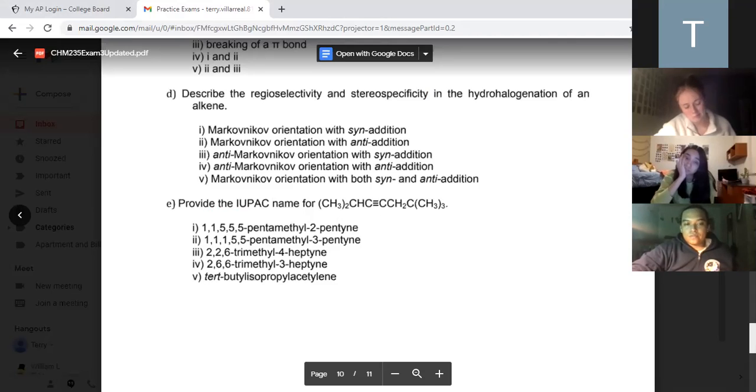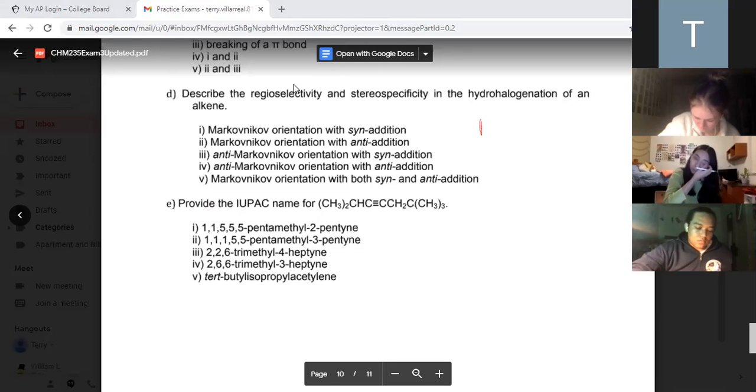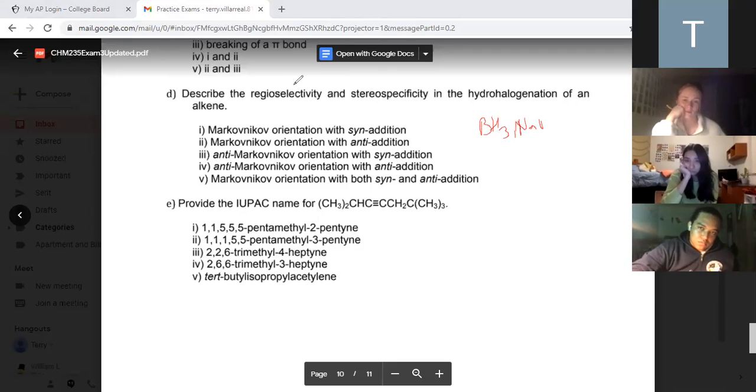Do you guys remember what some of our anti-Markovnikov ones are? We talked about one earlier when we added an alcohol. Hydroboration, that's an anti-Markovnikov one. That's the one where we have BH3, THF, and then we have the NaOH and H2O2, right?